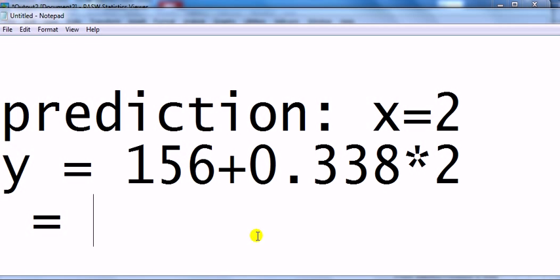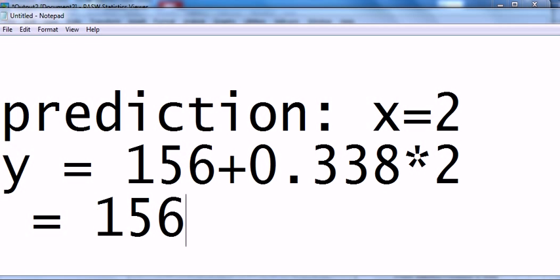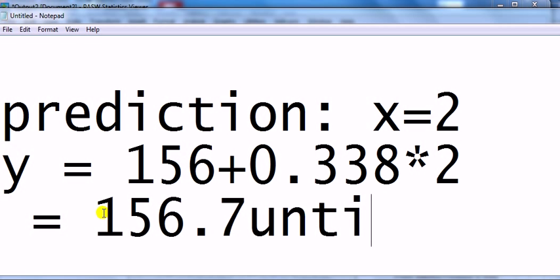The model predicts that y will be, get out your calculator, 156 plus 0.338 times 2, which equals 156.7 approximately. So that is the predicted value, 156.7 units, whatever those units of measurement are for y.